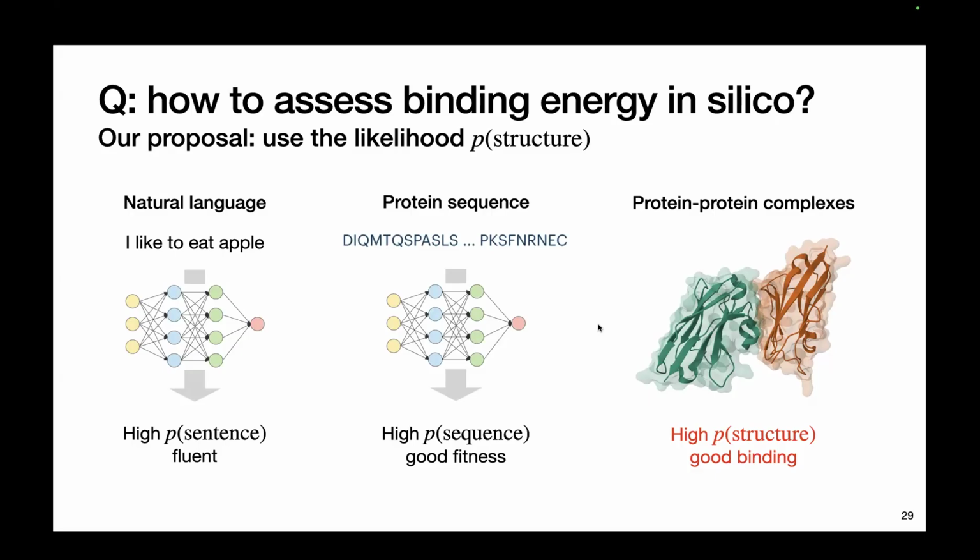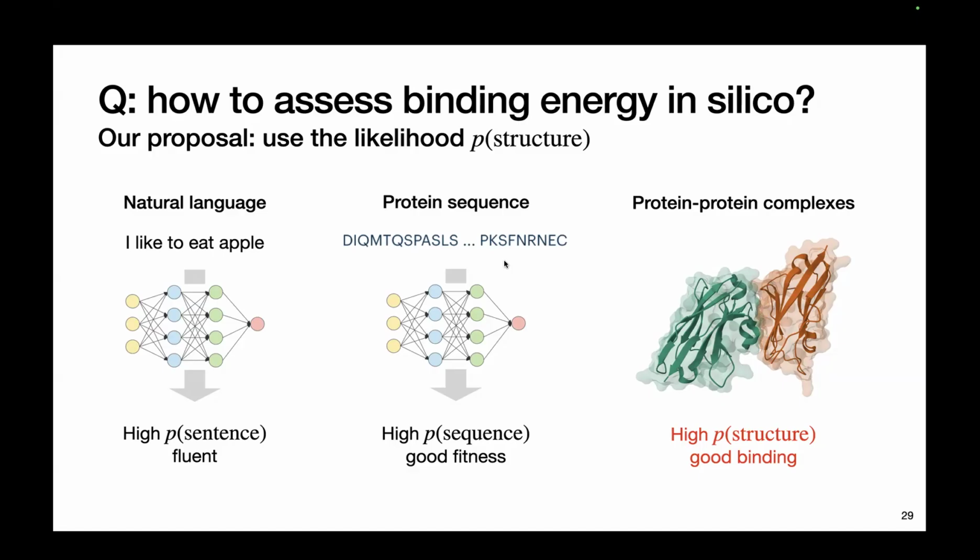And similarly, for protein sequences, people have trained protein language models, and if a protein sequence has a pretty high likelihood, it's highly likely that this protein has good fitness, right? Driven by these ideas from related fields, we hypothesized that for binding, we should find a way to assess the likelihood of the protein structure, or the structure of the protein-protein complexes, right?